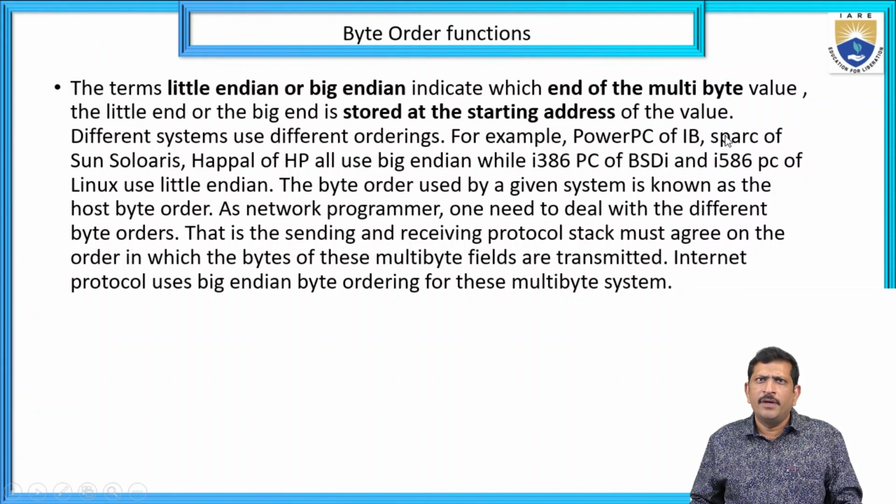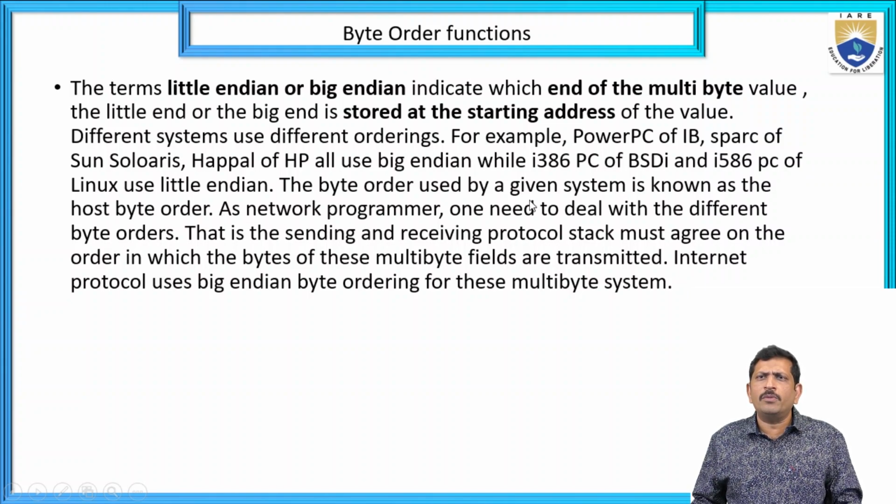Different systems use different ordering. For example, PowerPC of IBM, SPARC of Sun Solaris, Apple and HP all use big endian, while i386 PC of BSDI and i586 PC of Linux use little endian.